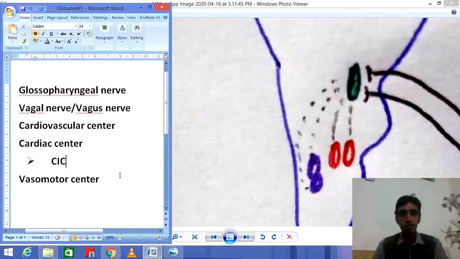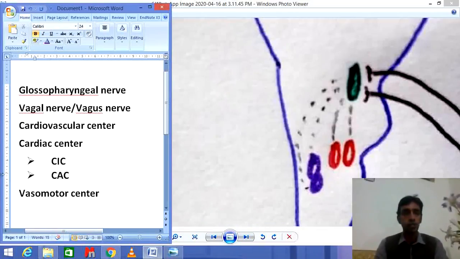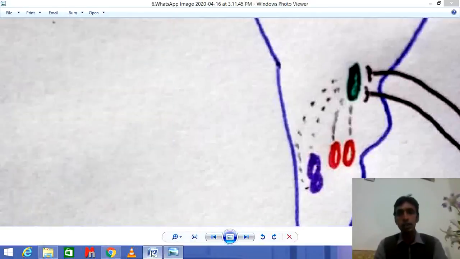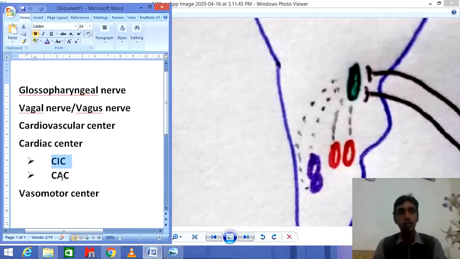This one is called CAC. CIC is the cardioinhibitory center, and CAC is the cardioacceleratory center, or cardioactivatory center.